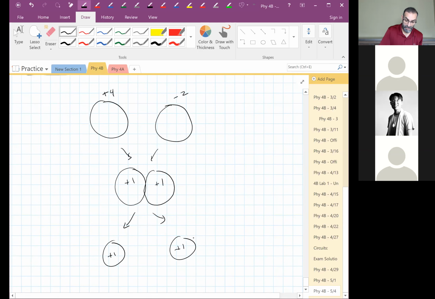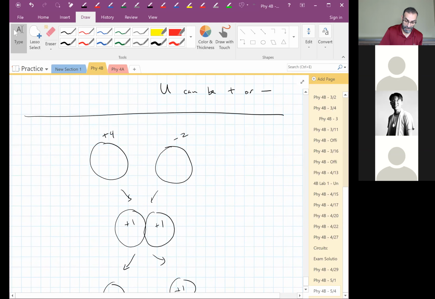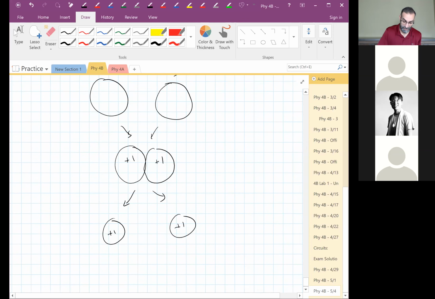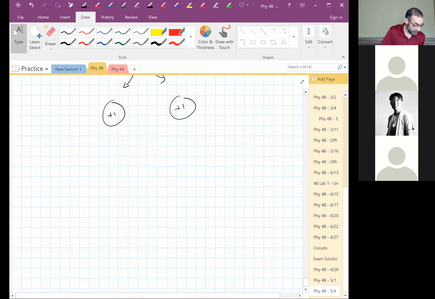Well, that's only true if these conductive spheres are identical or the same radius. Okay, so we're going to learn now why that doesn't have to be true if they're different radii.